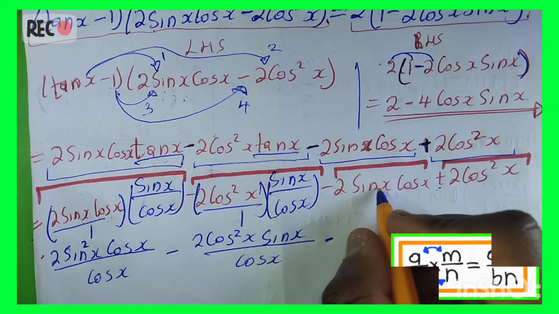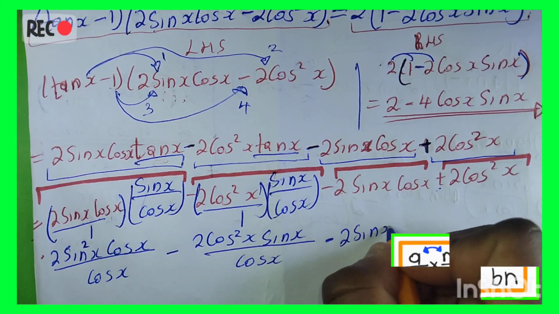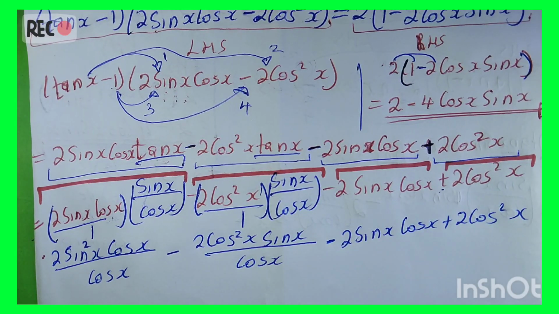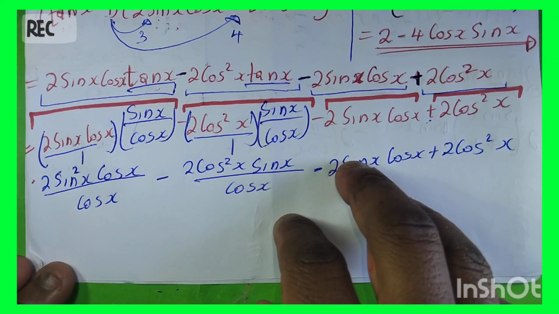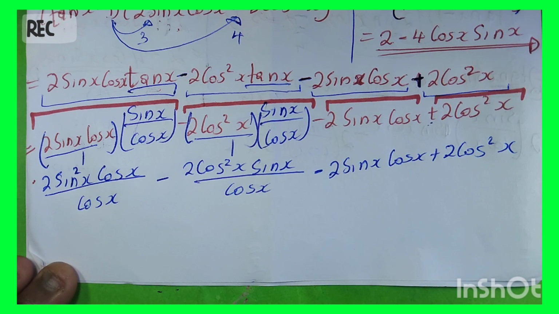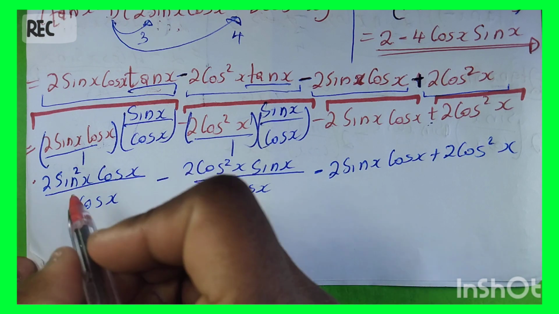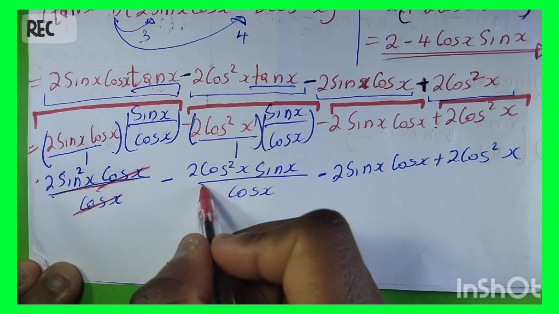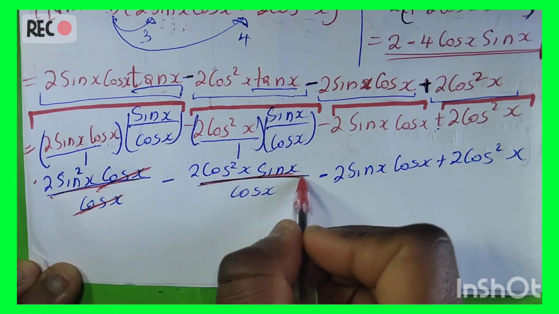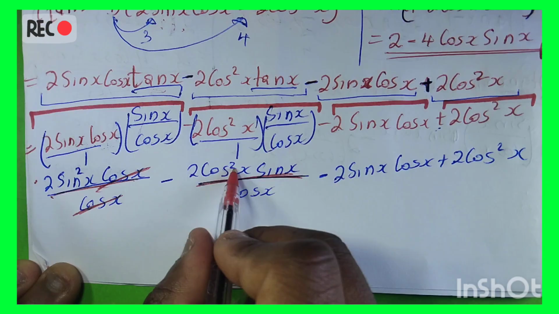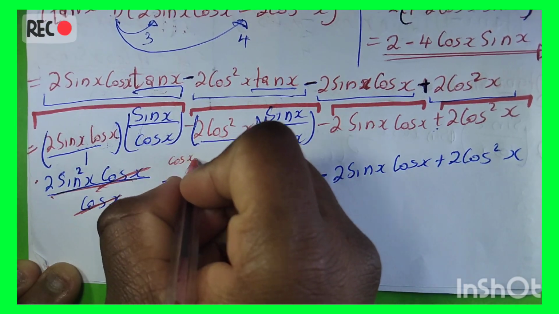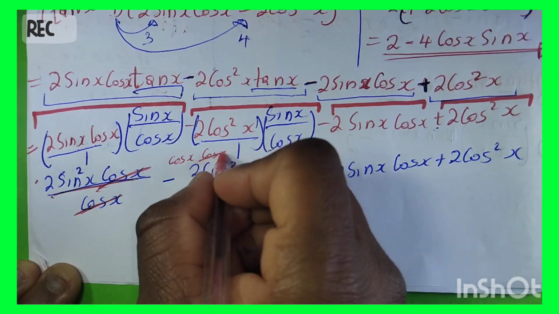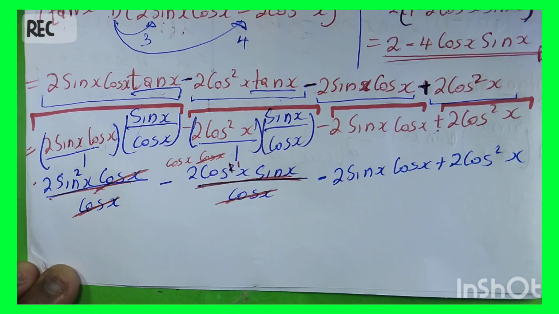Then minus, and from here I've got 2 sin x cos x plus 2 cos x. What you don't affect in maths, you write the way it is. After doing that, guys, I will notice that when I divide the same thing in maths, they cancel. Here I've got cos there and I also got cos there, so this will cancel, meaning that I will only be left with 1 cos.